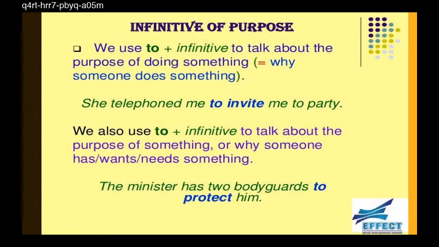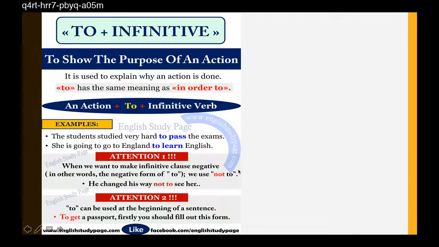So here we have this structure to express why I am doing something. We also use to plus the infinitive to talk about the purpose of something, or why someone has, wants, or needs something. The minister has 2 bodyguards to protect him. That's the goal of having these 2 bodyguards, okay?